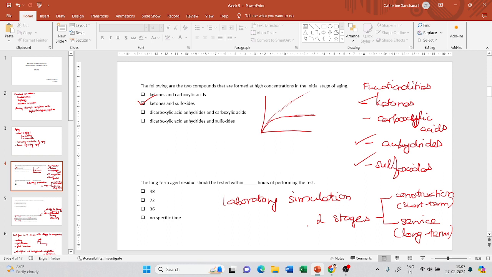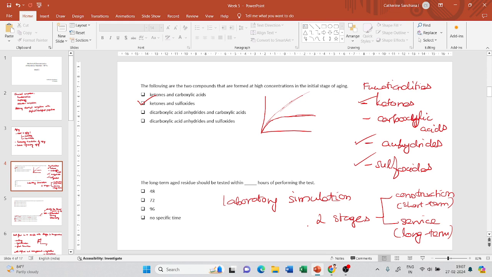All that plays a critical role in the actual field. So you cannot use this laboratory simulation to extrapolate how the material could behave in the field. Only to do a relative comparison can you do this laboratory simulation.